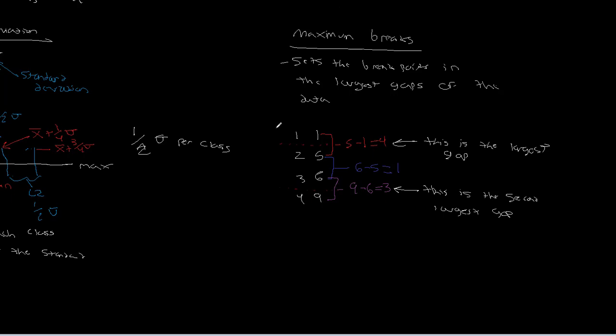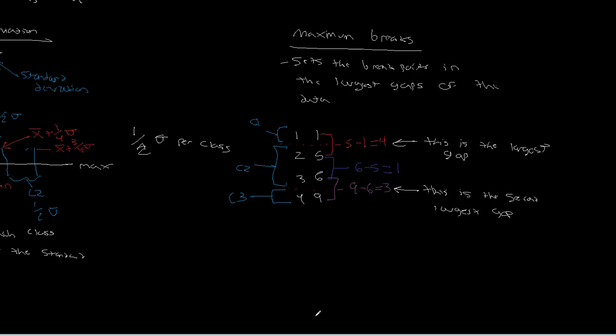So this would be one class, this would be the second class, and this would be the third class. That's conceptually how maximum breaks works: it looks at the difference between neighboring observations, and it sets the breakpoints in the largest gaps.